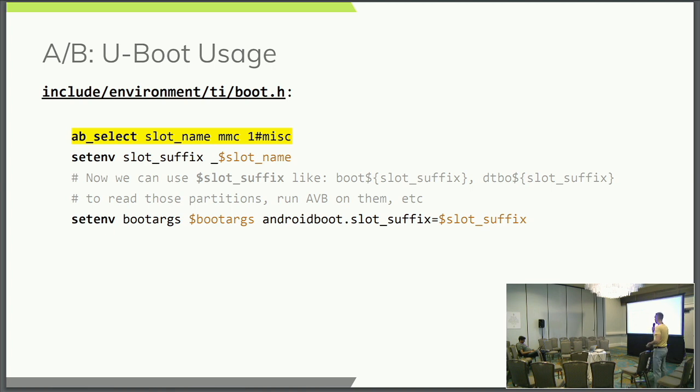And also you should use this slot suffix in the AVB command, which we will get to right now. So yes, you'll need this suffix to boot your system if your system implements AB, and in Android 10 you must implement AB.